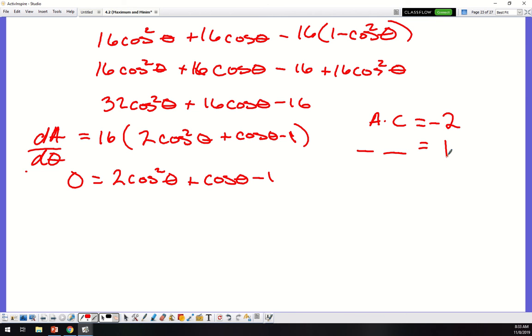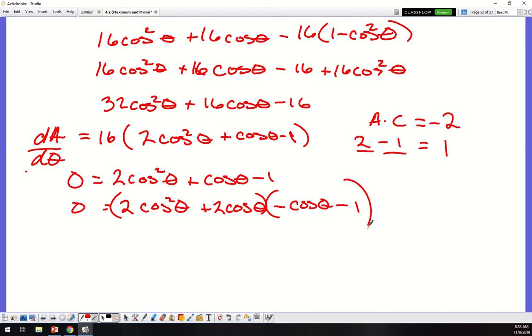Negative 2, positive 1? Positive 2, because this one right here is positive, right? So it's a positive 2 and a negative 1. So it's going to be 2 cosine squared theta plus 2 cosine theta minus cosine theta minus 1, right? All this is going to be equal to 0. Factor by grouping.